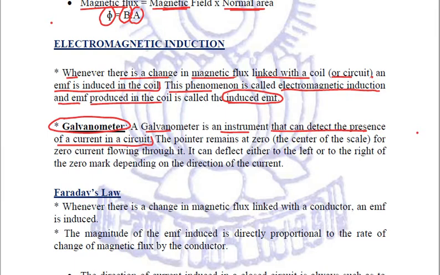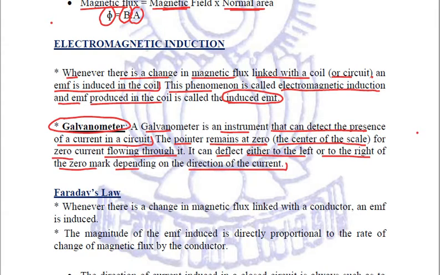It consists of a pointer which remains at the zero position, at the center of the scale, when there is zero current flowing through it. This pointer can deflect either to the left or to the right of the zero mark, depending on the direction of current.